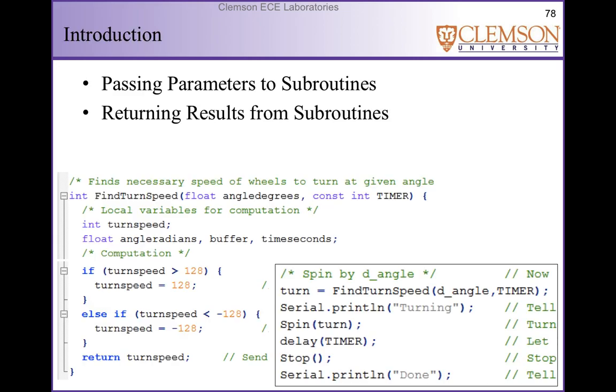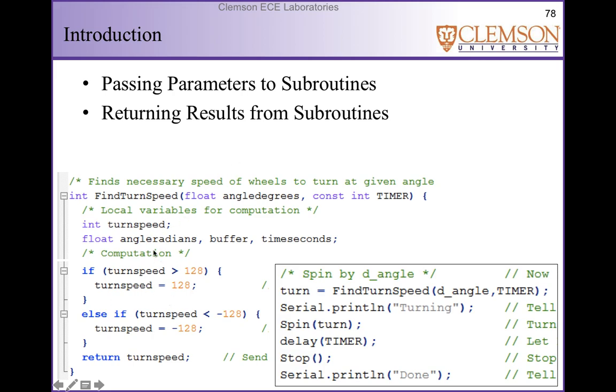Now, like I stated, this is actually C code, and from your computer science 111 courses, you should be familiar with how to write functions. In this case, we have this int find turn speed, and inside it are your parameters.